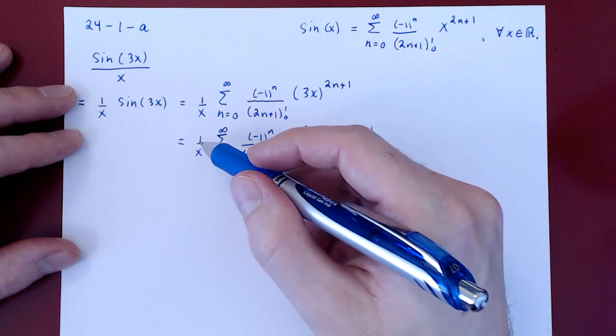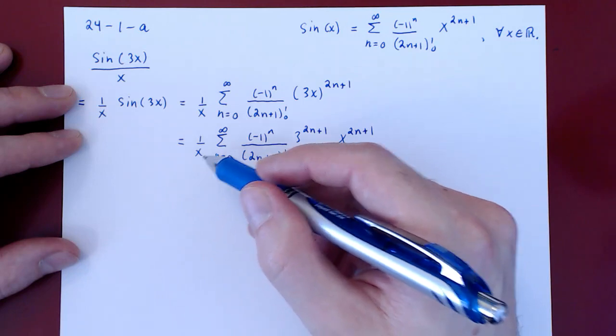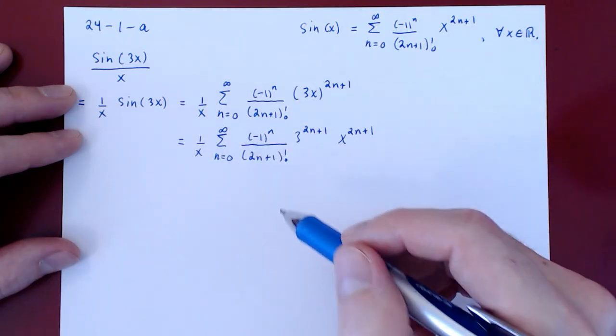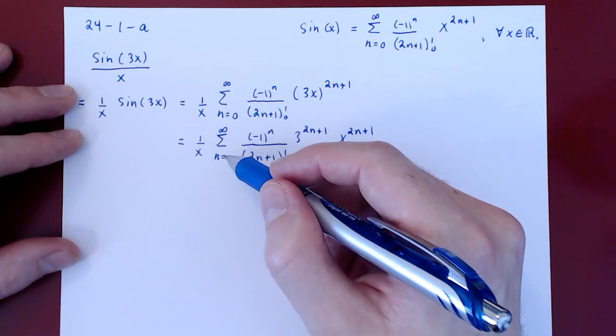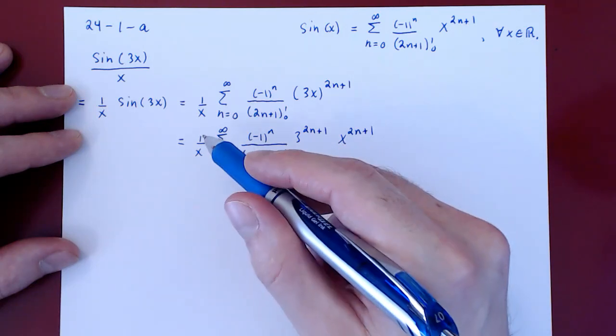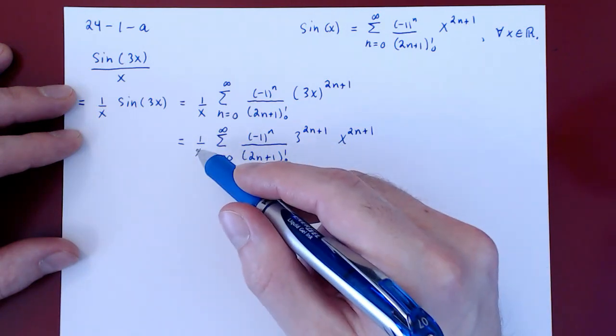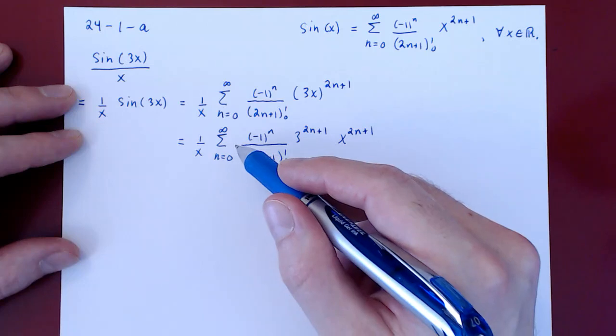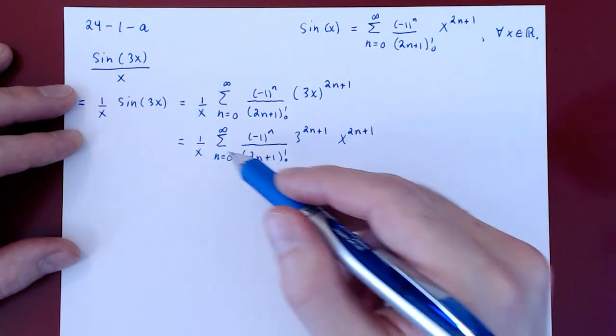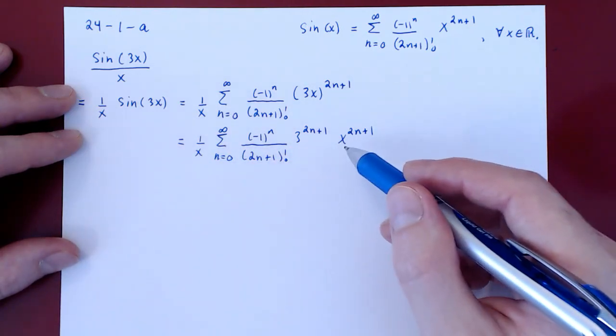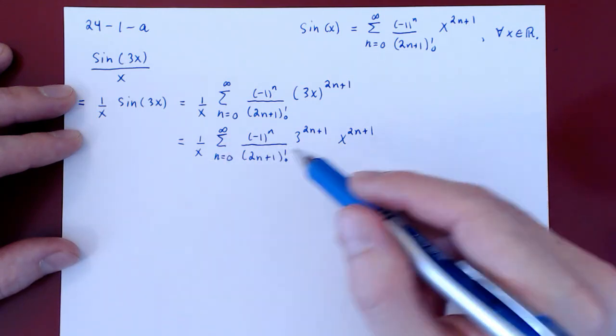And now what do we do with this multiple of 1 over x in front of the infinite series? Well, with respect to n, the index of summation, 1 over x is a constant. And so we can bring 1 over x in and multiply each individual term of the series by 1 over x. Of course, we are going to pair the two x's together.